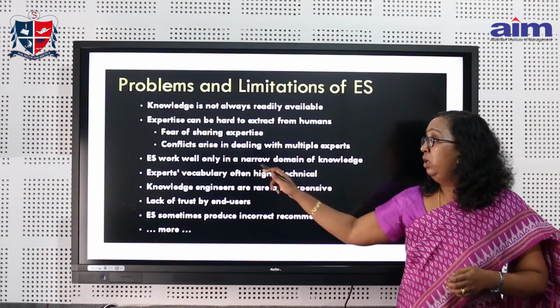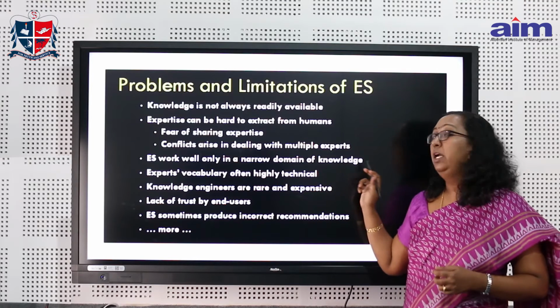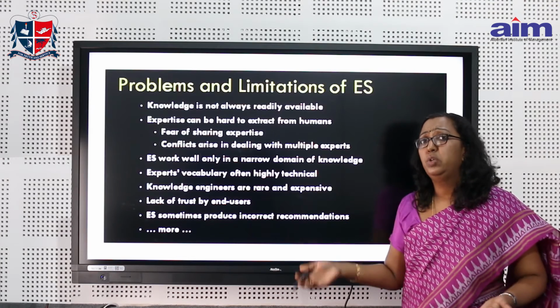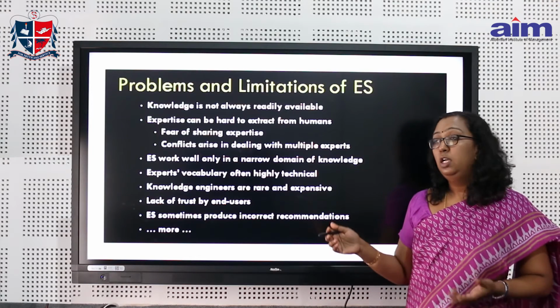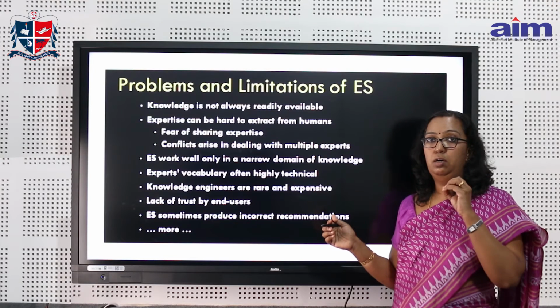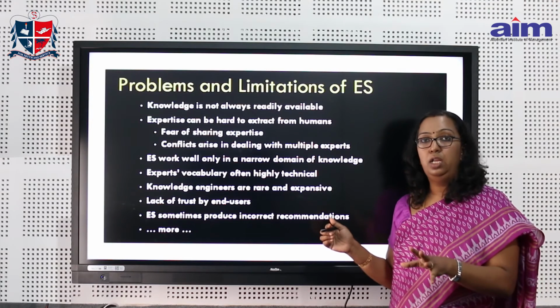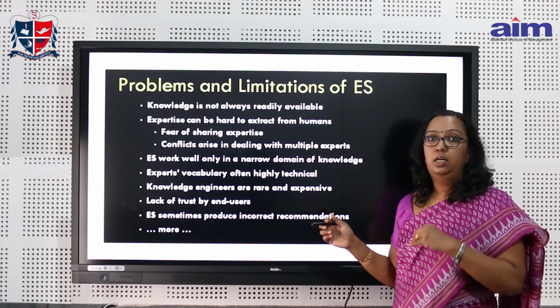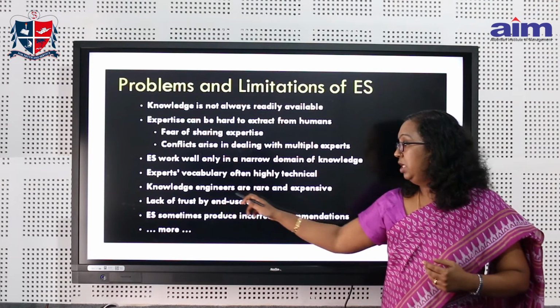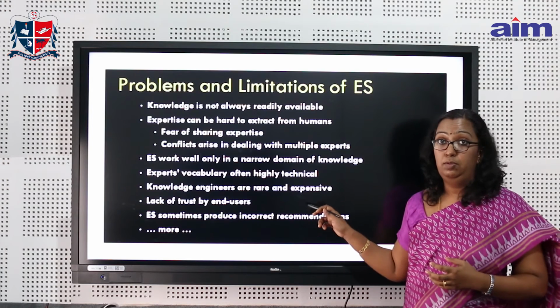ES work well only in a very narrow domain of knowledge. You cannot apply ES systems in every situation. That is not possible. If it is a very limited or very niche area, then only you can use expert systems. The knowledge engineers are rare and expensive.